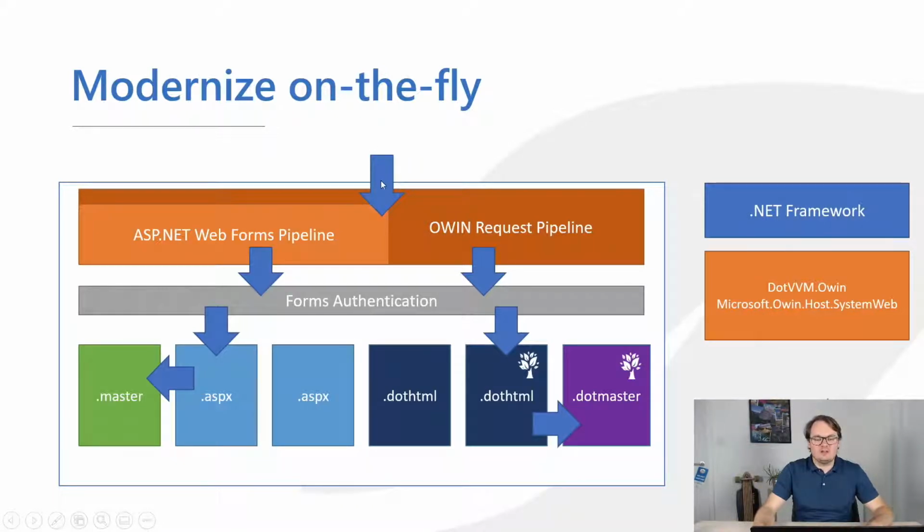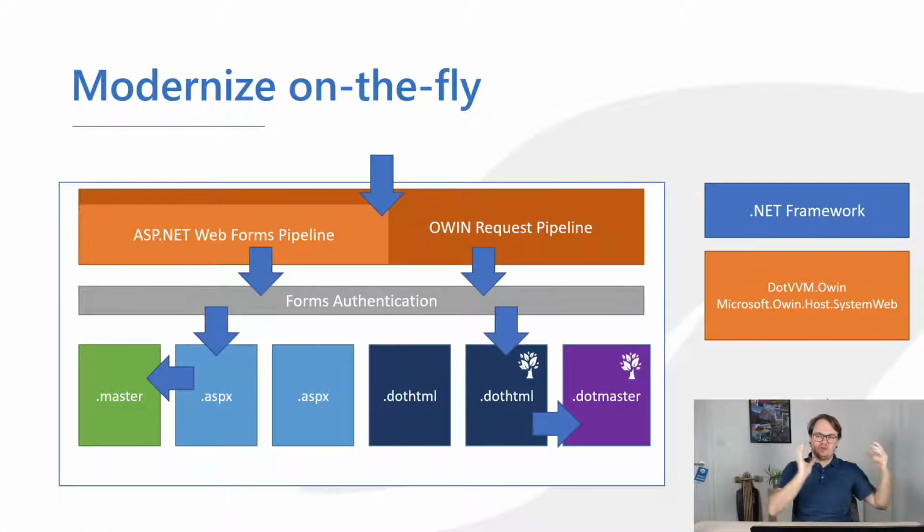So all requests will go to the Owin pipeline first, and if .vvm, which will be hooked in this pipeline, can process these requests, they will be dispatched to the specific dot HTML page. And if there is no .vvm page that could handle the request, it will be passed to the ASP.NET Web Forms pipeline. So Web Forms will work as a fallback, basically. But you are still in the same application. You can use the same authentication. So it's just one app.